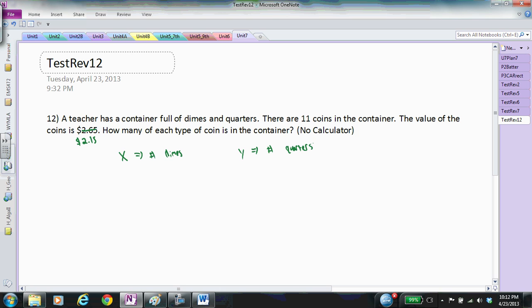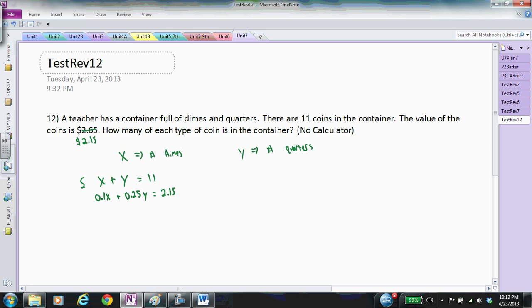So I need a system of equations. I know the number of dimes X plus the number of quarters Y is 11 because there's 11 total coins. And I also know that the value of the dimes, 10 cents times the number of dimes, plus total value of the quarters, 25 cents times the number of quarters, is equal to $2.15.